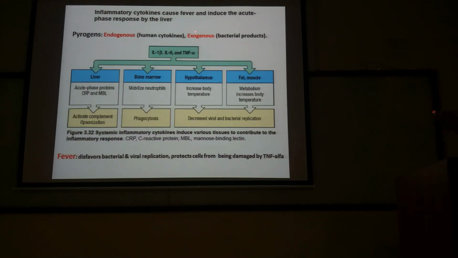And there are exogenous agents, which may be some bacterial infection, for instance, or bacterial cell wall products or membrane products or other organelles when the bacterium is degraded inside the cell. So bacteria can also increase your body temperature, and endogenously these molecules produced inside the cells, which are known as cytokines, also increase the body temperature.